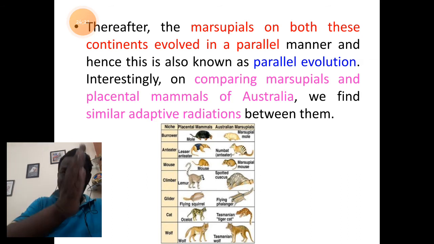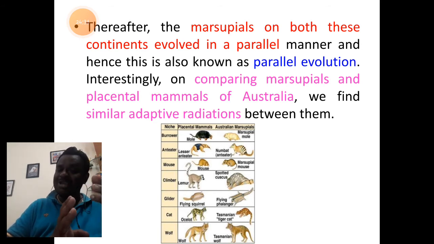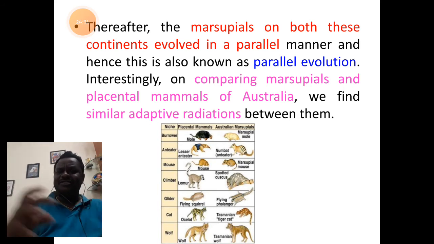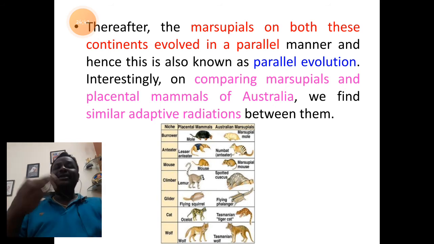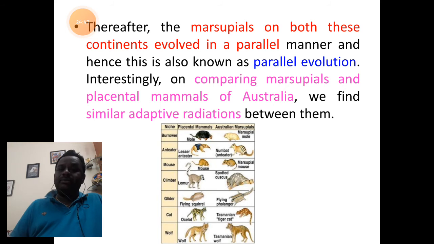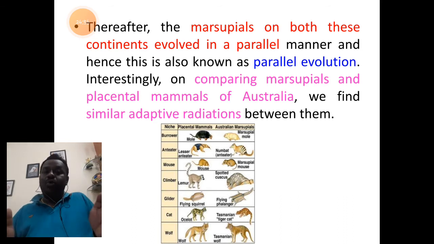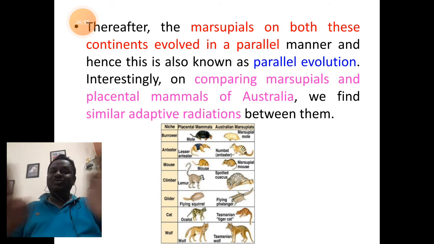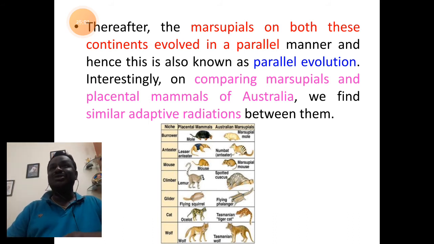Remember students, the first row of names are the common names. Special names are given for the Australian marsupials because they show quite different characters. But maximum features were the same with slight modification. Comparing the marsupials of Australia and South America, they were showing similar adaptive radiations, both showing almost similar characters, which we call parallel evolution.